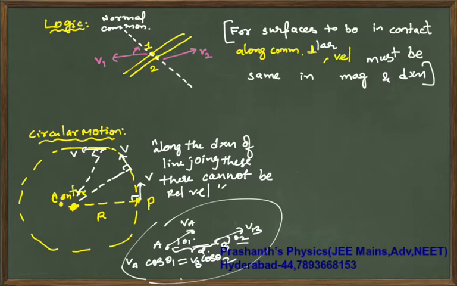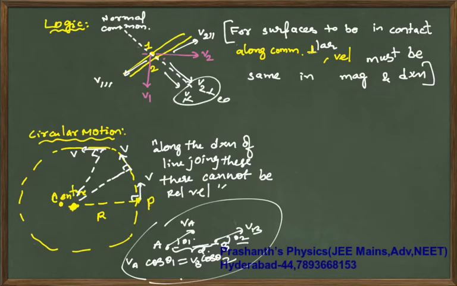So in whichever direction it is, those components must be the same. So if I redraw my diagram, if you have V1 this way and V2 this way, if I resolve my velocities, V2 perpendicular, V2 parallel, and V1 perpendicular and V1 parallel, these two perpendicular parts should be equal. Then they will not lose contact. Hope you have understood my logic.